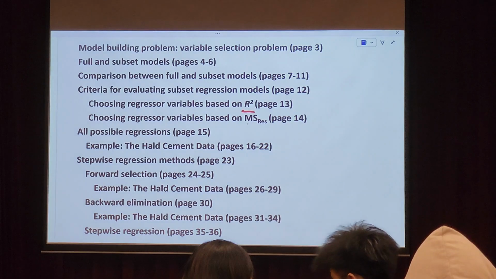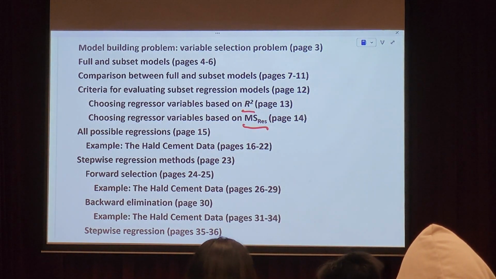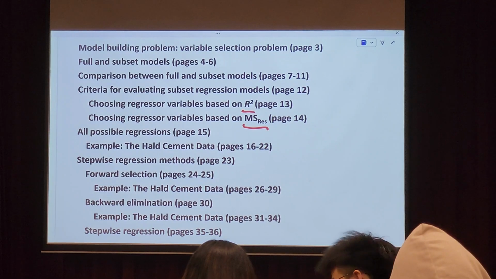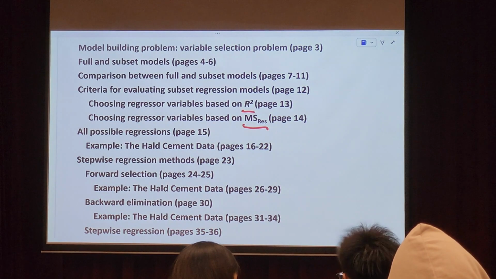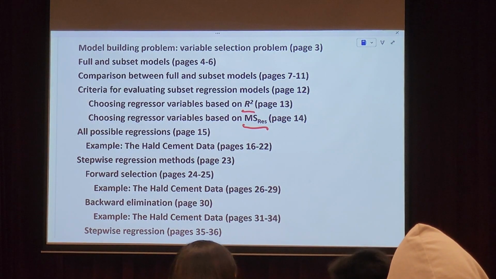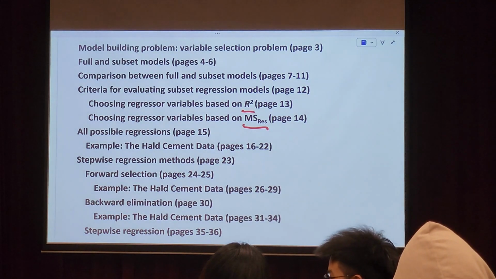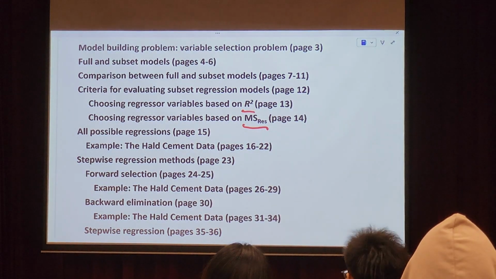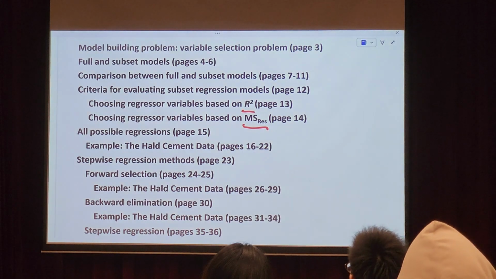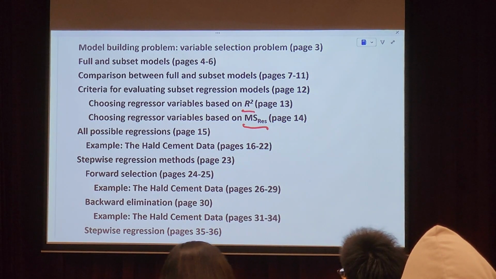Mean square residue is an estimate of the variance of the random error, sigma squared. So if mean square residue is small, then the variance of the regression coefficient will be small. Your fitted Y will also have a small variance. So everything relates to mean square residue. That is your precision of estimation.